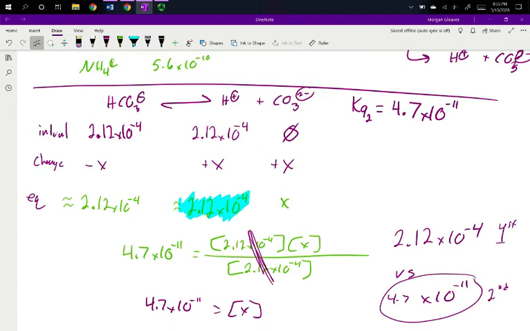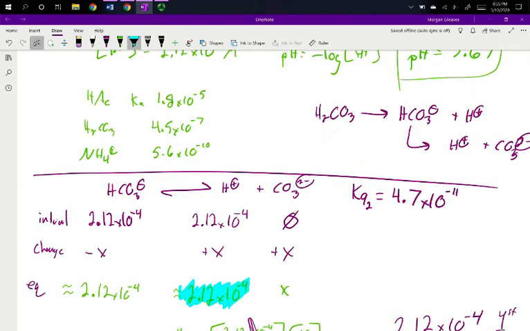And so having H2CO3 lose an H plus leaves a neutral molecule. But having bicarbonate lose an H plus leaves a negative molecule. That's just harder to do. And so as a result, it's got a smaller Ka, and less of it succeeds at breaking apart.